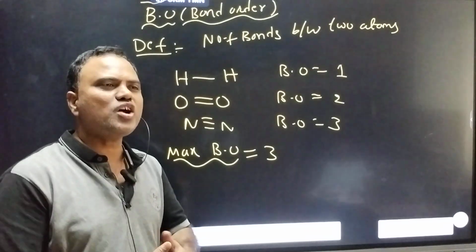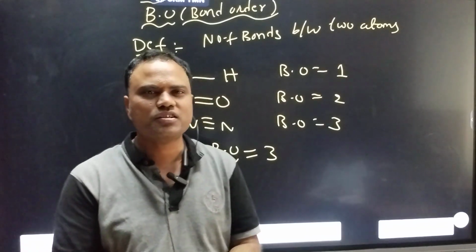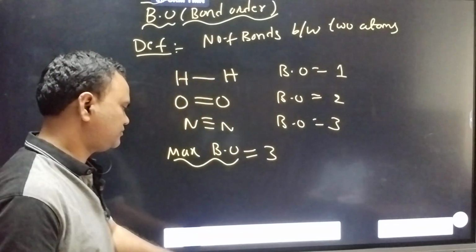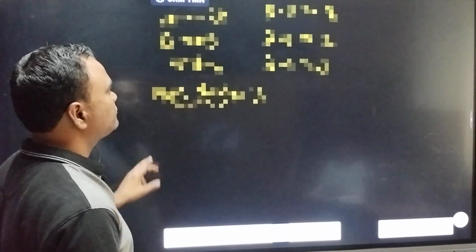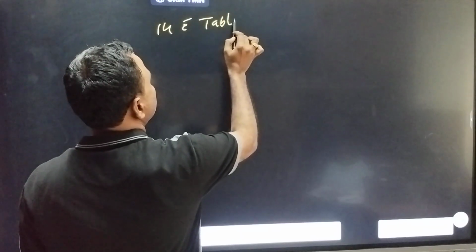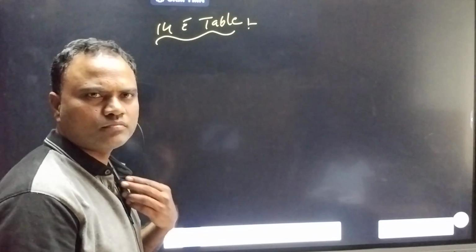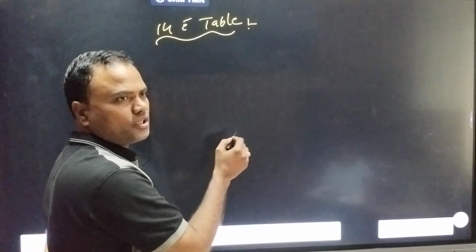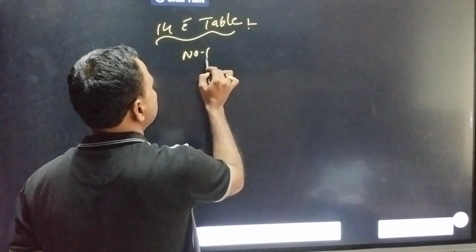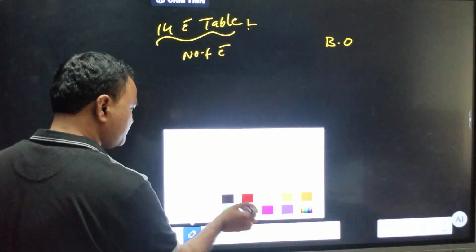You know the shortcut method, the 14 electron table, for the bond order. Let us start with 14 electrons: the number of electrons and the bond order.